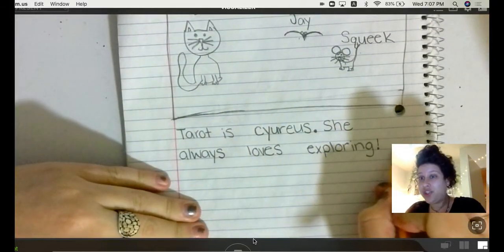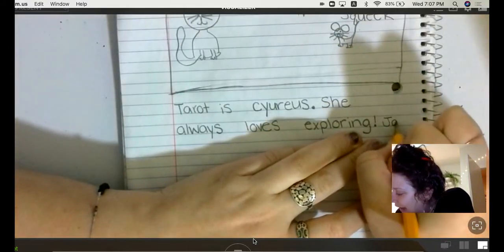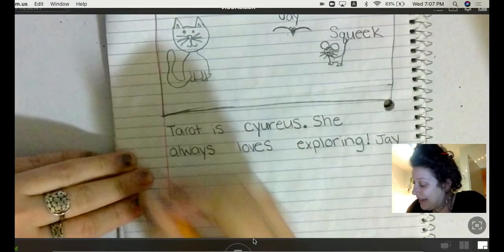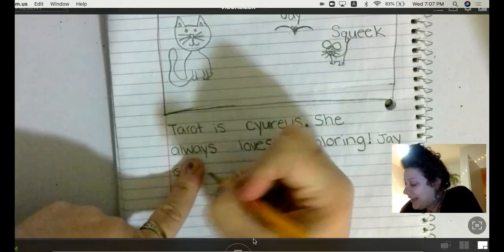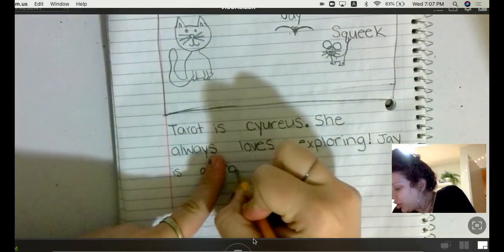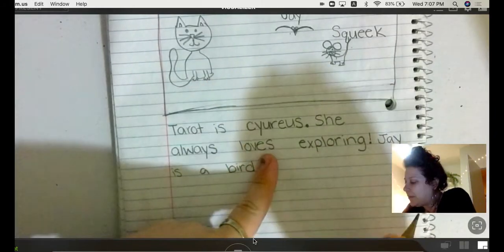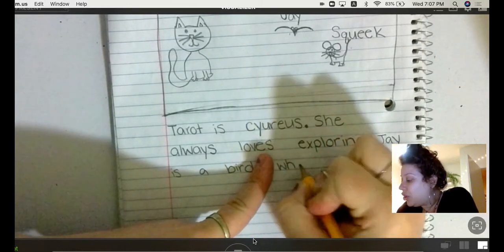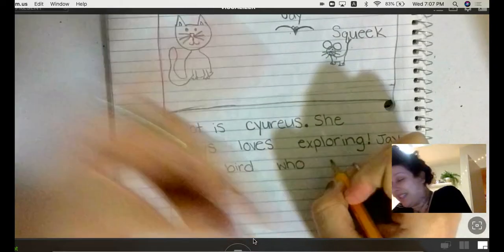I think I can fit Jay here, so I'm going to write J. Just copying what I already wrote. Jay is, I know it in a snap, I-S. Jay is a bird. R controlled vowel, bird. Jay is a bird who, it's a WH question word, who likes. That's a sight word.